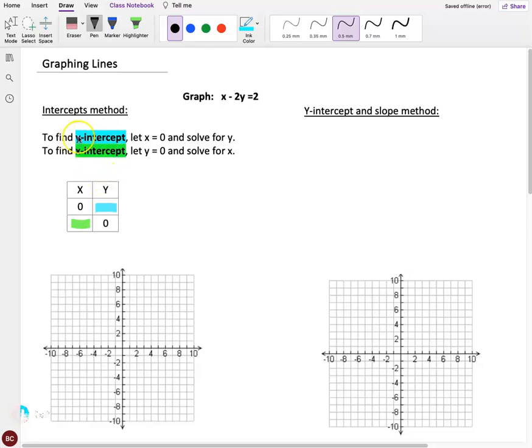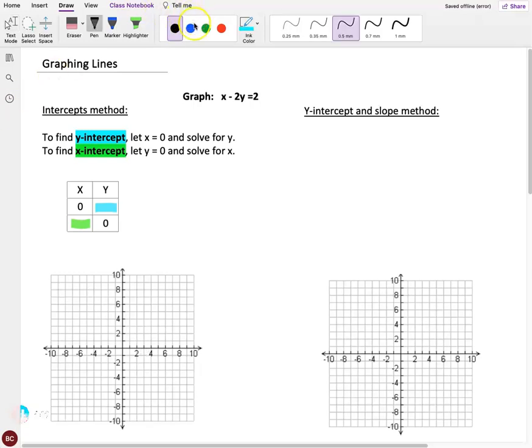To find the y-intercept, we let x equal 0, and then figure out what y is when x is 0. And just the opposite, to find the x-intercept, we let y equal 0 and solve for x. That's going to give us 2 points, one on the x-axis and one on the y-axis, and then we can connect those two dots together.